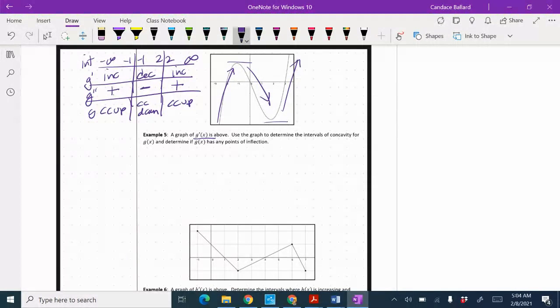All right. So let's talk about concavity. So we know that g is concave up on -infinity to -1 and 2 to infinity because, and remember this is the explanation row, g prime is increasing on these intervals.